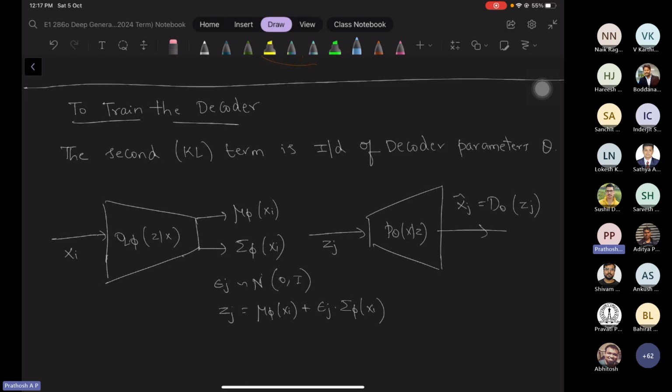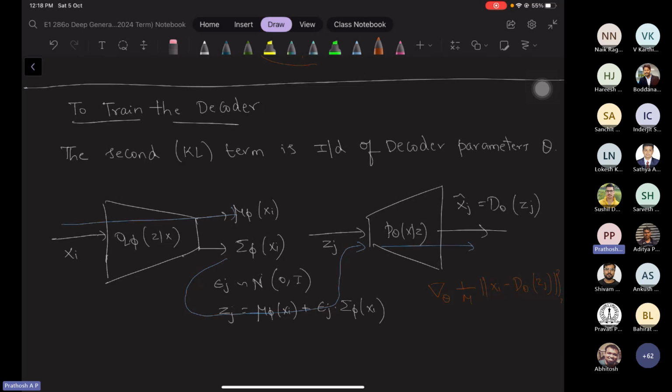So we have to do one complete forward pass as usual, then you do sampling, and once you do, it goes like this, and then goes like this. You have to simply compute the gradient with respect to theta. Which term do you have to compute? The term is xi minus d theta of zj.